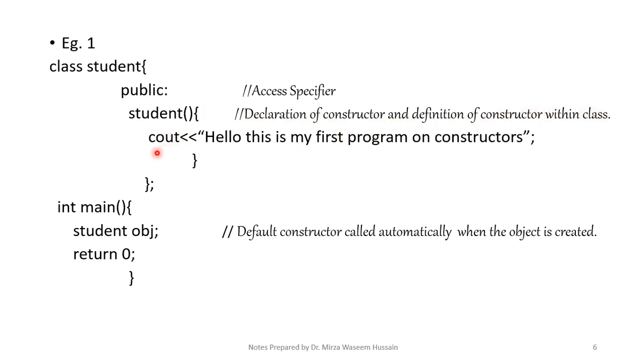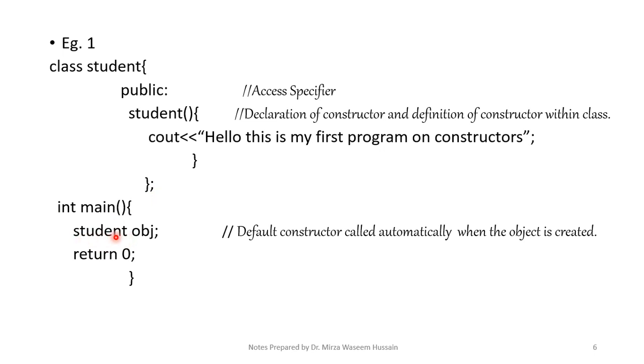The student name and class name coincide, class name and constructor name coincide. Here the output is: hello, this is my first program on constructors. Here we finish the constructor and the class, and then main.